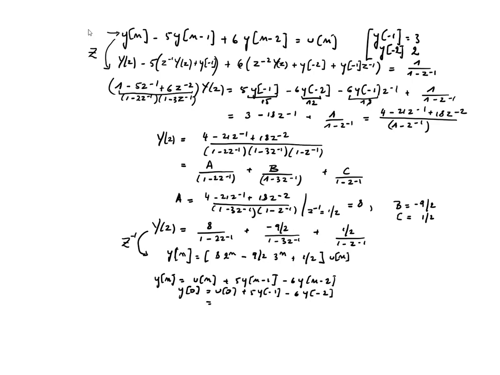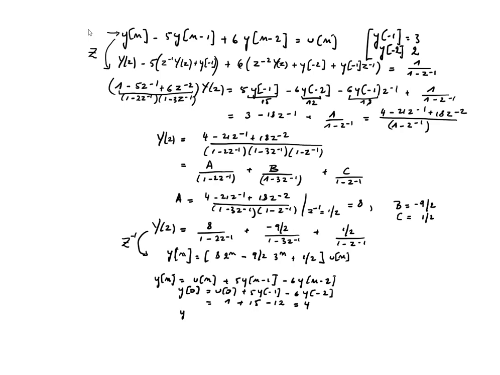Okay, so that's 1 plus 15 minus 12. Yes, that's correct. And that's a 4. We have obtained this by plugging in n is equal to 0, of course.